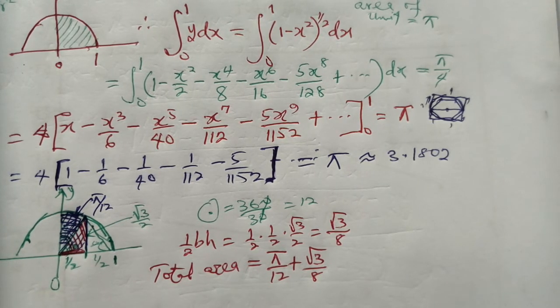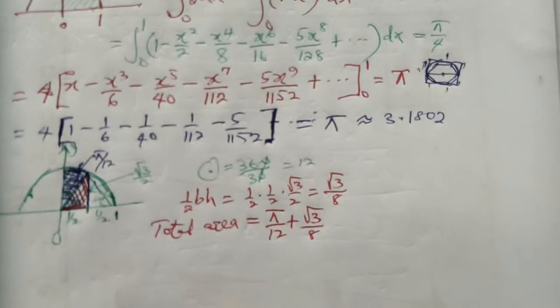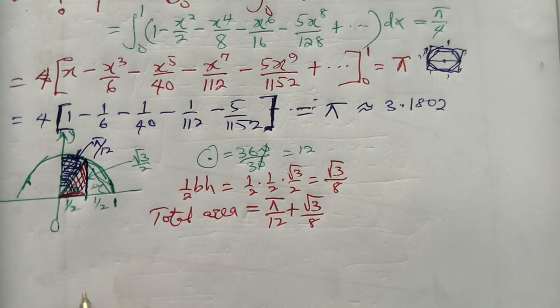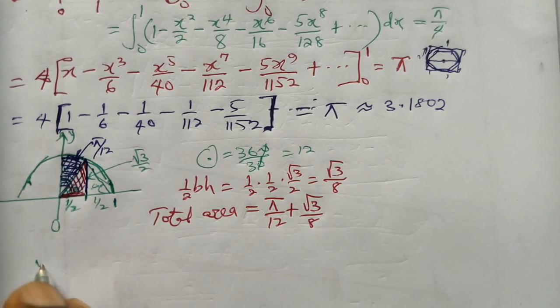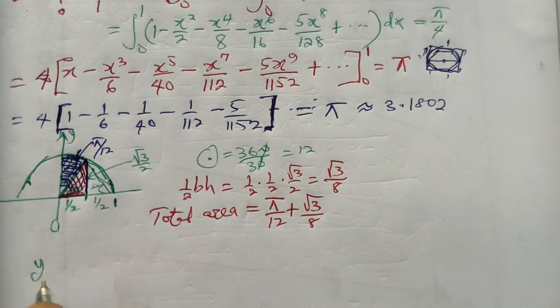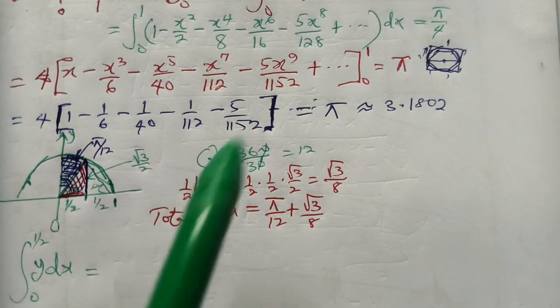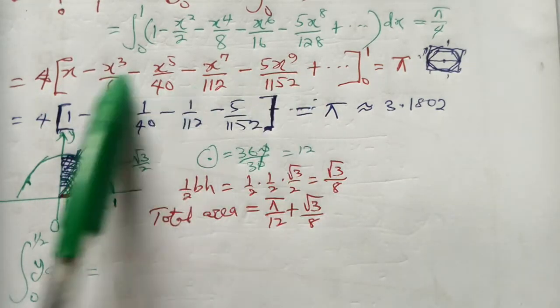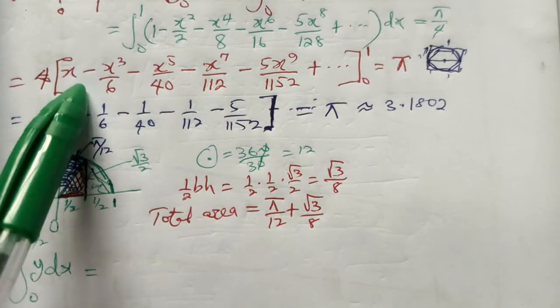So if we use it now, we can easily get what we are doing, and what we are doing is to plug in y, the x between 0 and half. If we do that, what we get is simply substituting half inside there.